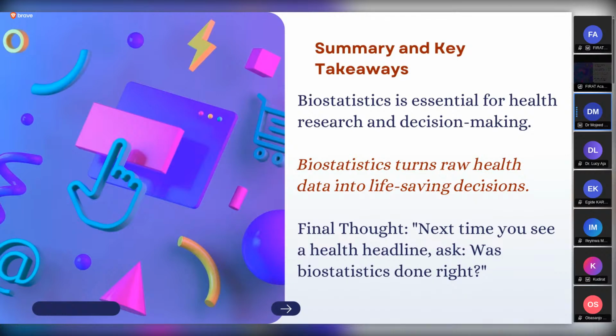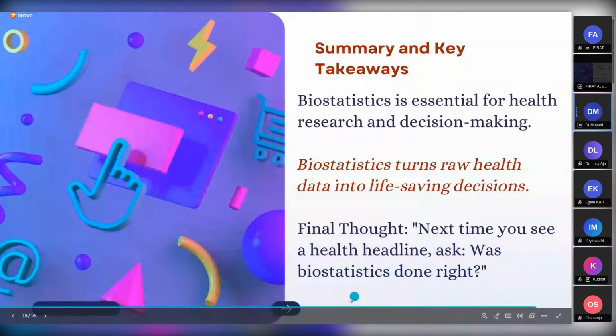Now, my final advice to us before I allow and welcome questions is that right from when you are conceptualizing your research, unless you are a biostatistician, please consult with a biostatistician to avoid all the pitfalls that we have discussed. And throughout the process of your research, make sure you work with a biostatistician.